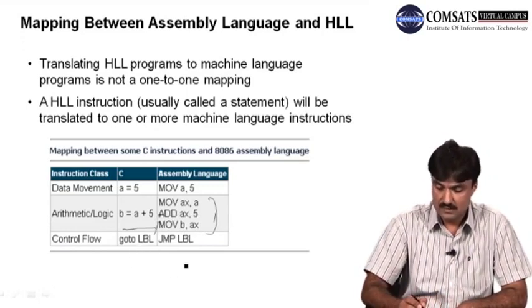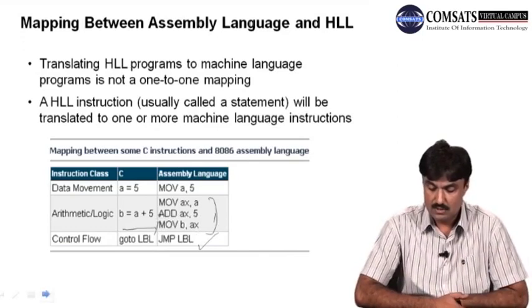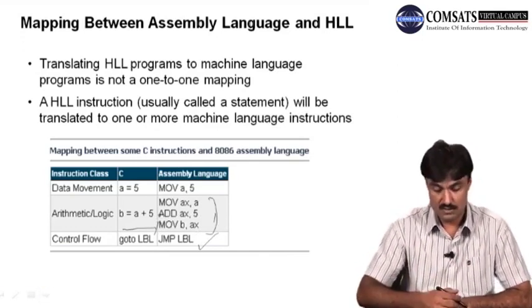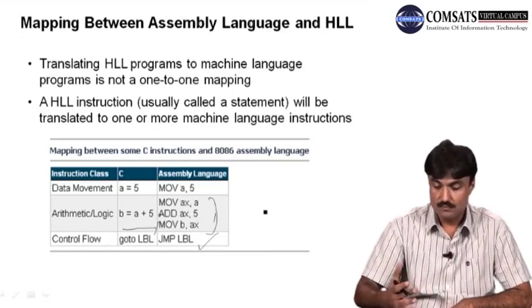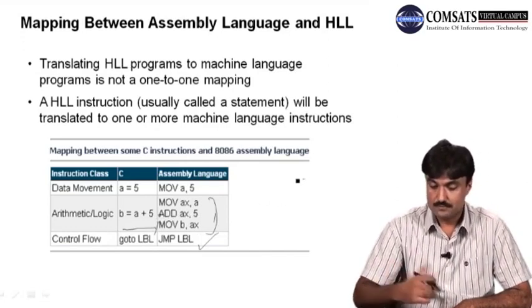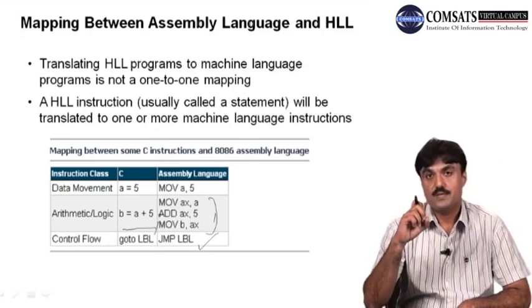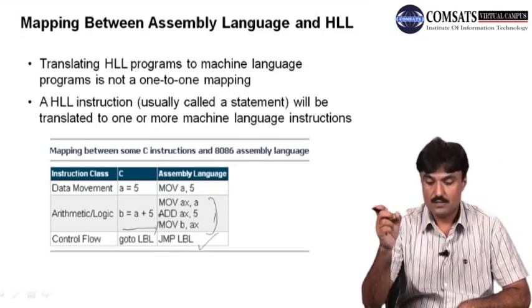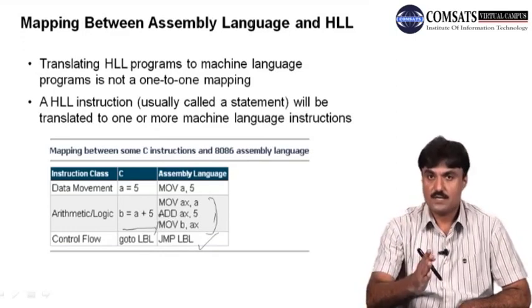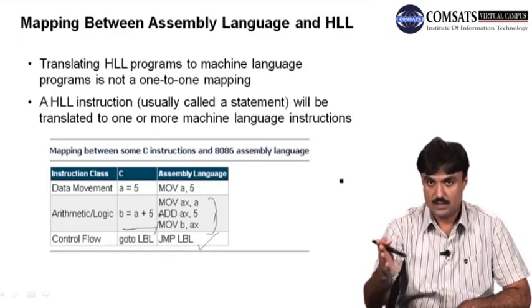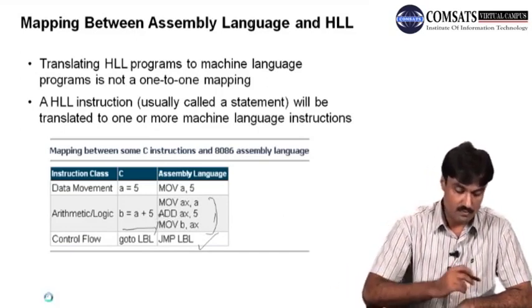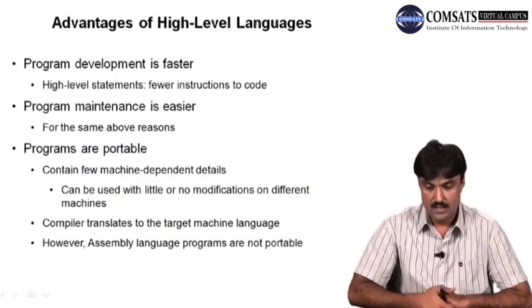In C language there's one instruction. In assembly language it is called a jump instruction. There are other instructions for control flow. So the thing is, in C language there can be one instruction or one statement. This is converted in assembly or the machine language into multiple instructions to perform the similar tasks.